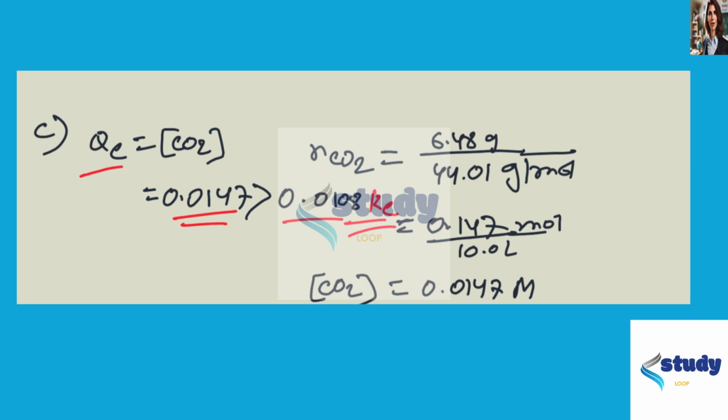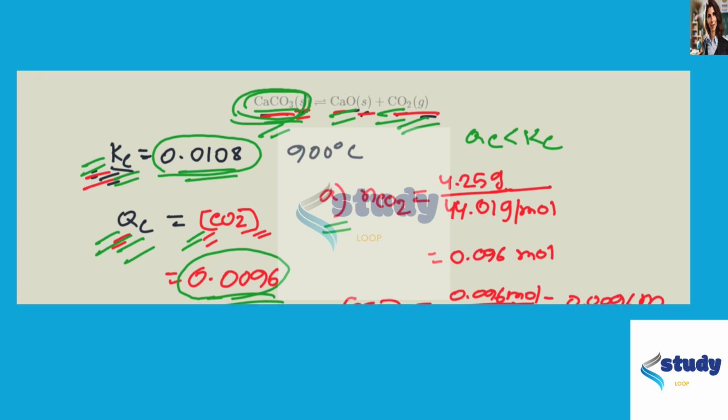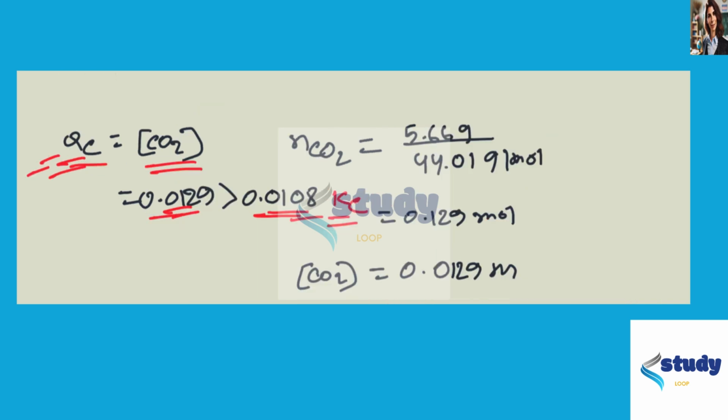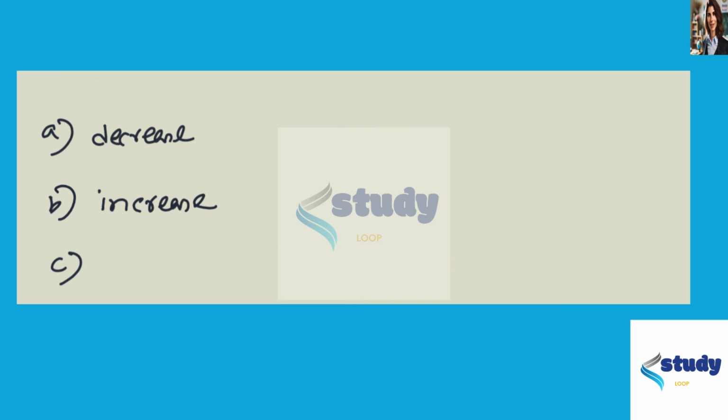That again means we need to decrease the concentration of CO2. And to decrease the concentration of CO2, we need some CO2 to react with the calcium oxide to produce some calcium carbonate. That means in this case also the amount of calcium carbonate will increase as the reaction approaches equilibrium. The answer to the third one is also that the amount of calcium carbonate will increase.